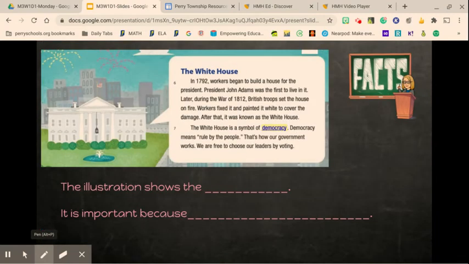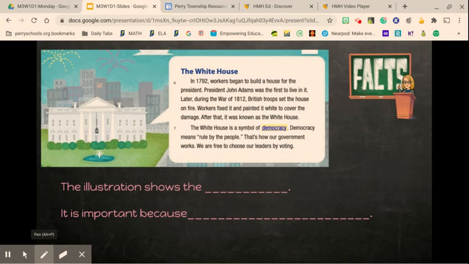So we're going to look at the White House next, and we're going to complete the sentence. The illustration shows blank. It is important because blank. So we're going to read this and then fill in the blanks to help us to better understand what we're reading. The White House. In 1792, workers began to build a house for the president.